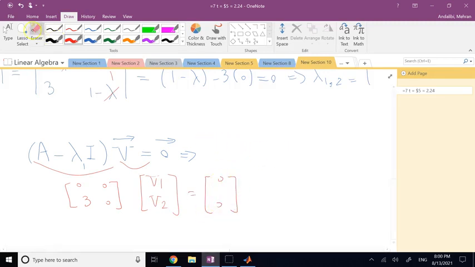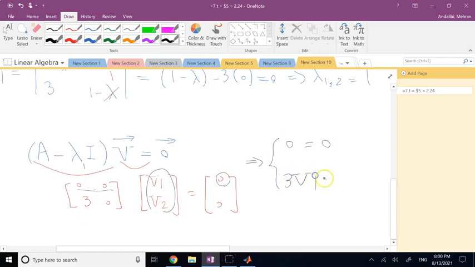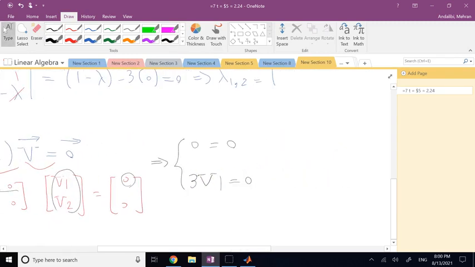Then it gives you one conclusion. The first row times this is going to be 0, so it's going to be 0 equals 0, which is obvious. The second one is going to be 3 times v1 is equal to 0. And that means v1, the first component, has to be 0.